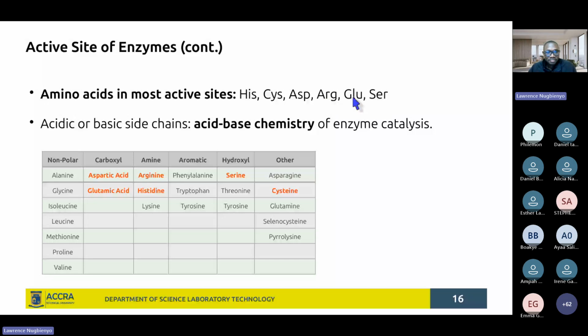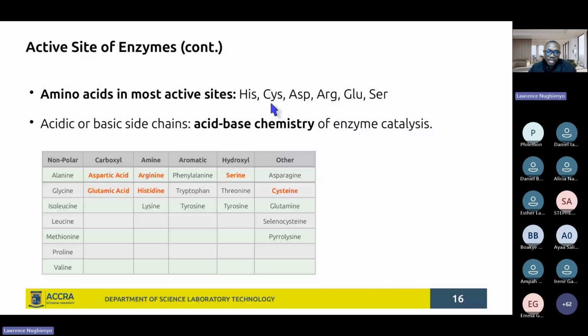These are the common amino acids that are found in the active sites of enzymes. And they are mostly found to be involved in some acid-base catalysis.